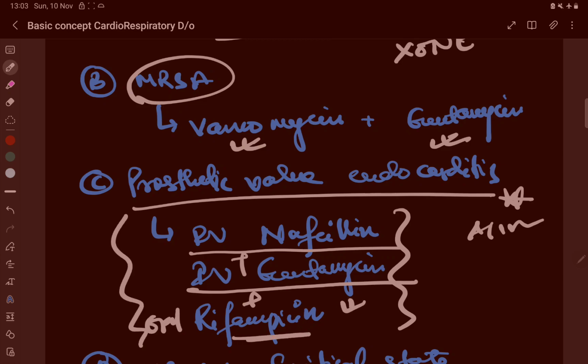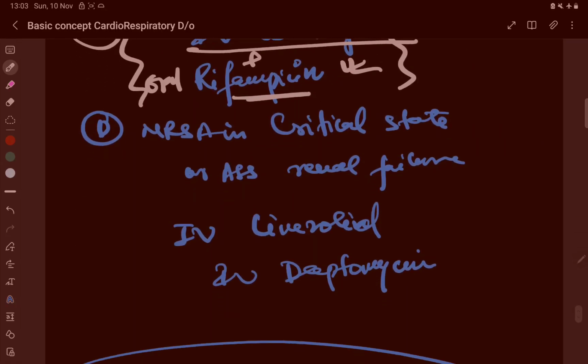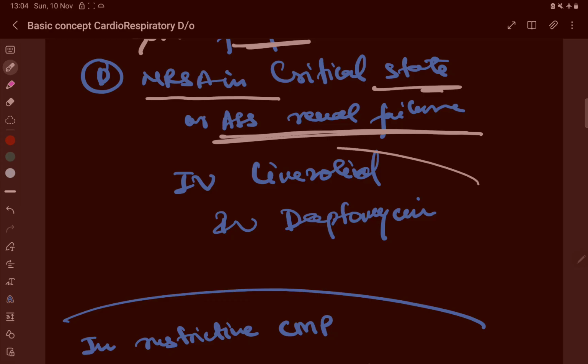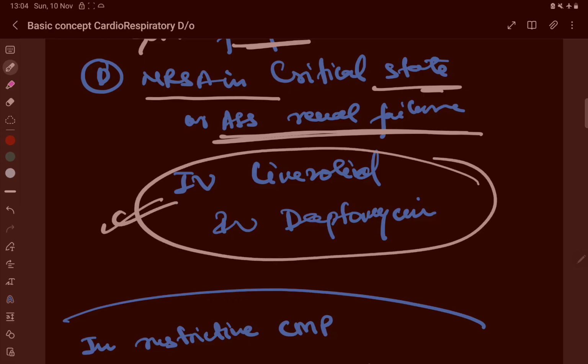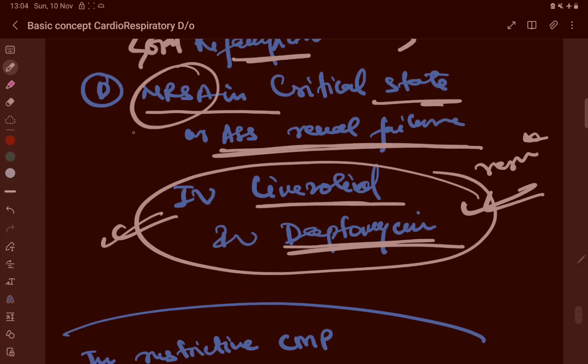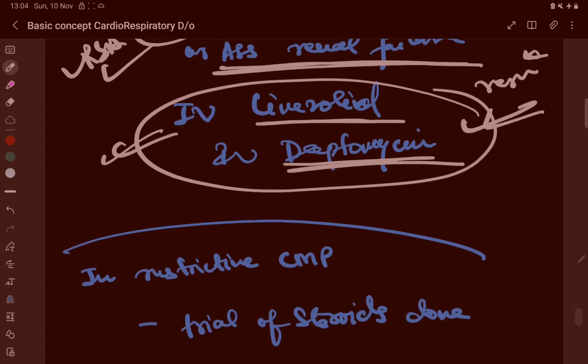Role of rifampicin, again the 3 drugs are given in prosthetic valve endocarditis. Now MRSA in a critical state associated with renal failure, the 2 classical drugs given are daptomycin and IV linezolid. IV linezolid and daptomycin are the reserve drugs which are given as a last resort, where everything is MRSA, even vancomycin resistant, even in VRSA we can give, right?